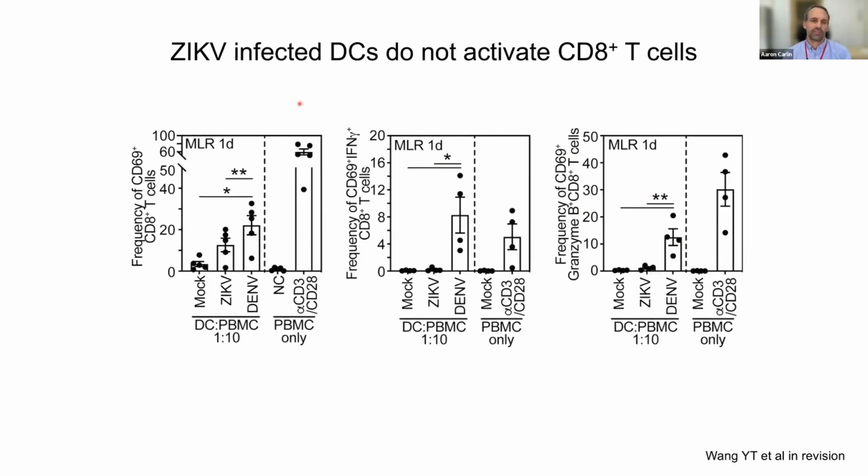For CD8 T cells, we see very similar reactions. We see less CD69 on T cells after incubation with Zika virus infected DCs. We see much less CD69 positive, interferon gamma positive, CD8 positive T cells, and we see significantly less granzyme B, a marker of cytotoxicity activity, in CD69 positive cells in the CD8 population.